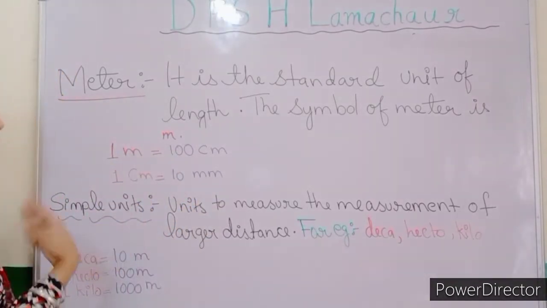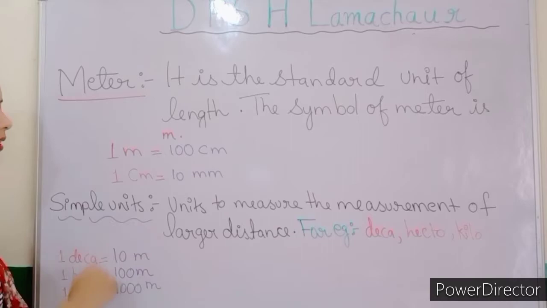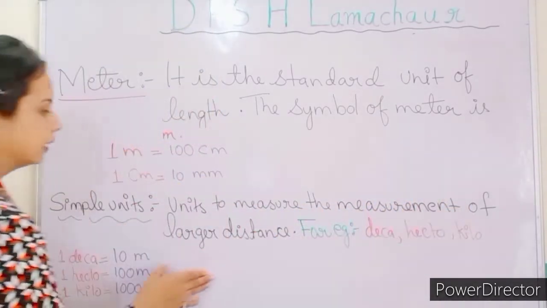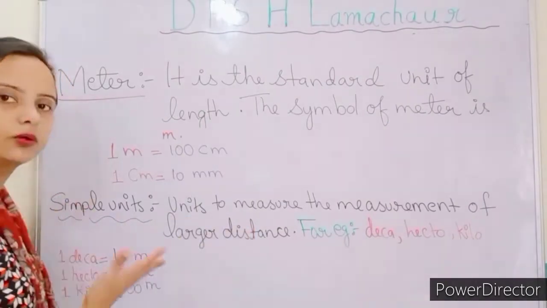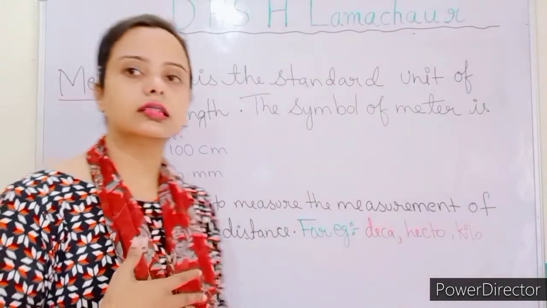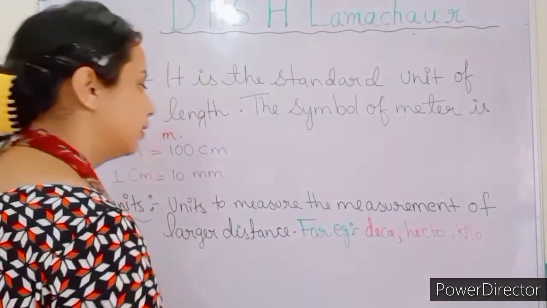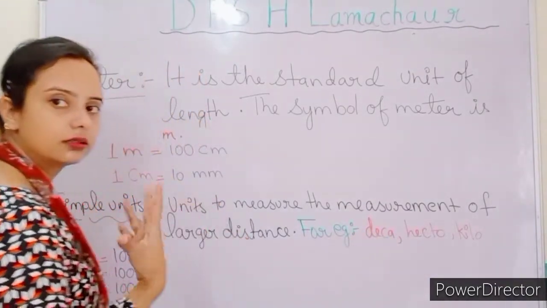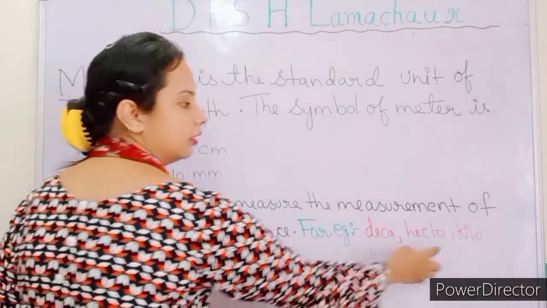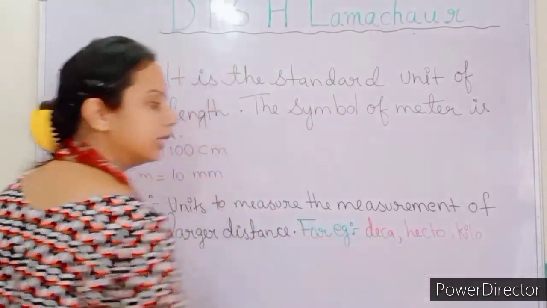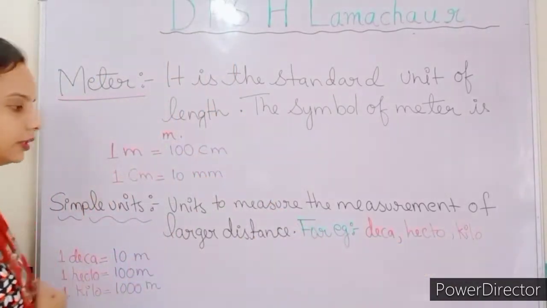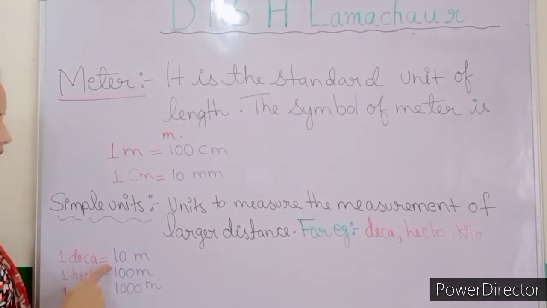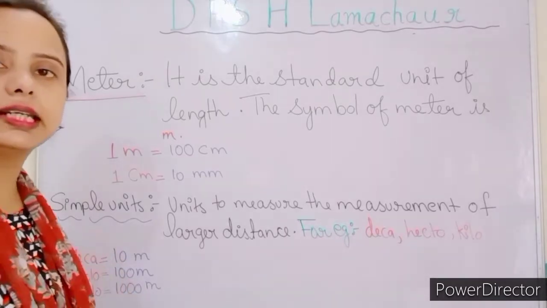Now the next topic is the units to measure larger distances. If you want to measure larger distances, how will we measure? We use the terms deca, hecto or kilo. These are the standard units for larger distances. 1 deca equals how many meters?